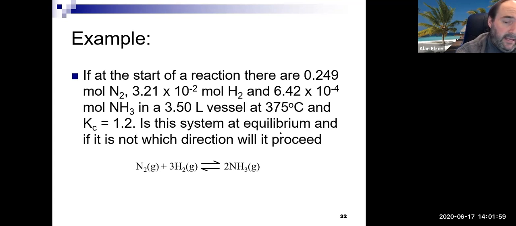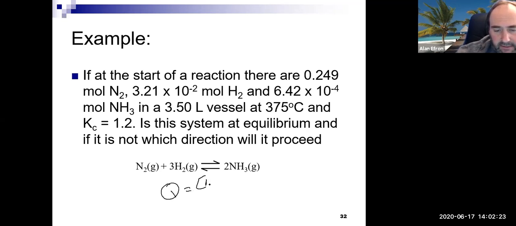Obviously, if Q equals K, it would be equilibrium at that point, and they both would be the same. But it could also not be at equilibrium, in which case Q would be less than or greater than K.